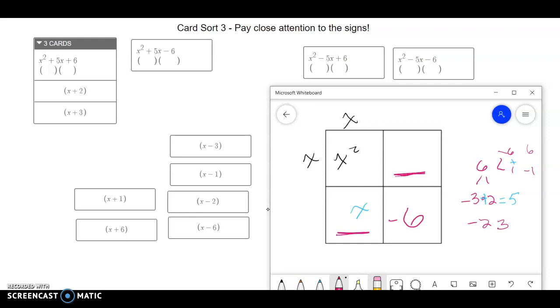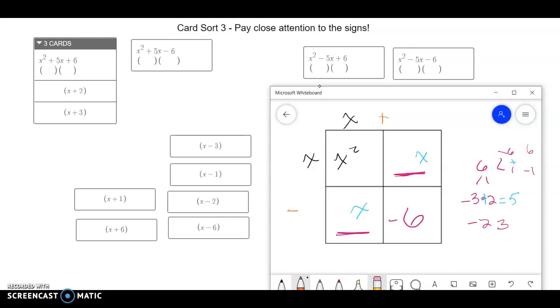But keep in mind, in our middle part here, the 1x, the one that's not x squared, I actually need to have a positive 5. So that means when I'm choosing my numbers, the positive number needs to be the largest and the smallest number needs to be the negative.